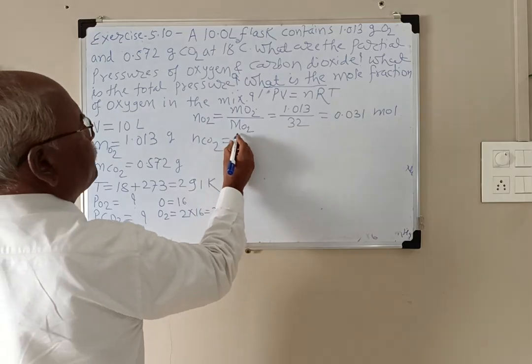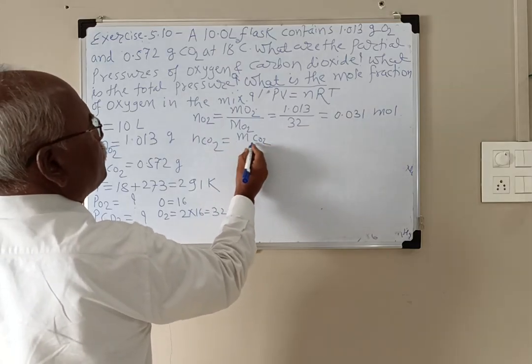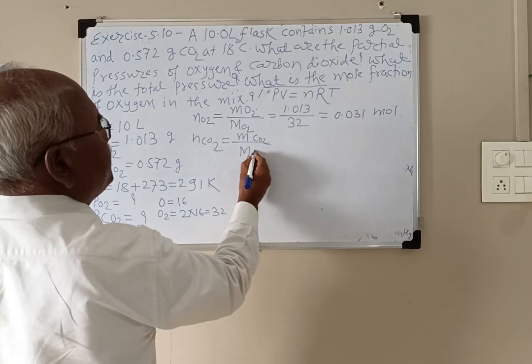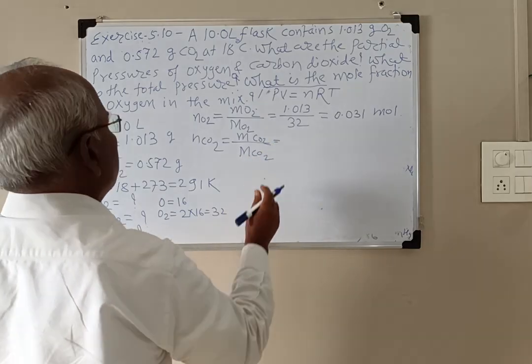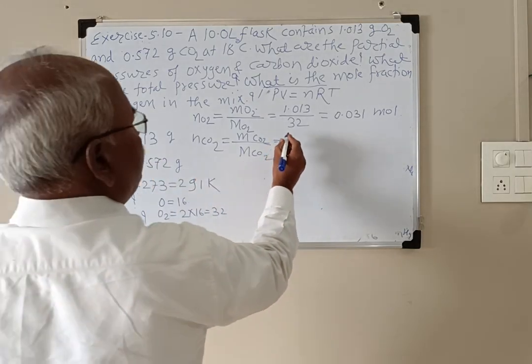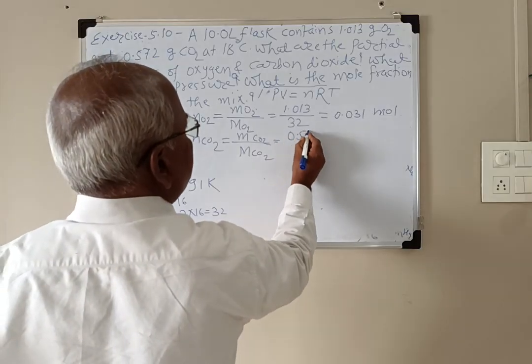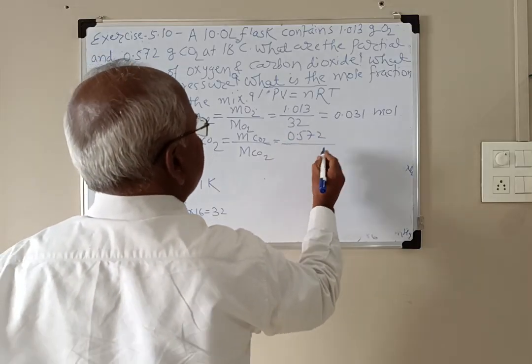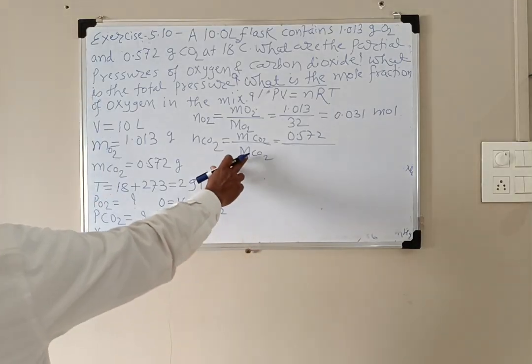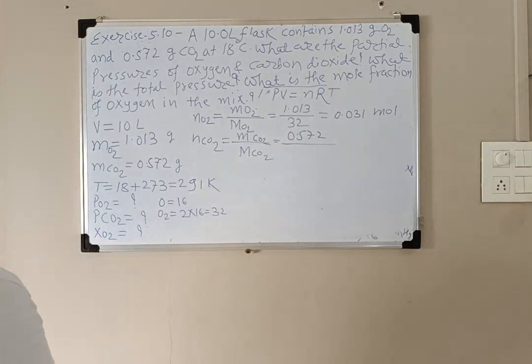Similarly, calculate moles of carbon dioxide. N of CO2 is equal to m of CO2 divided by molecular weight of CO2, that is equal to mass of CO2, 0.572, divided by, calculate molecular weight of CO2.